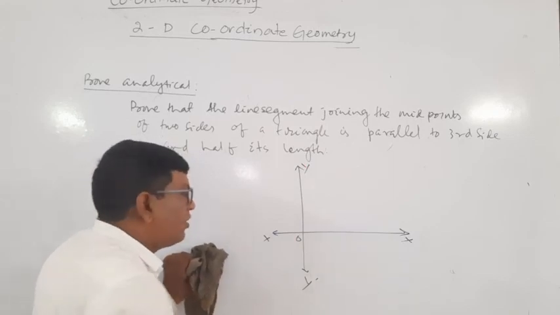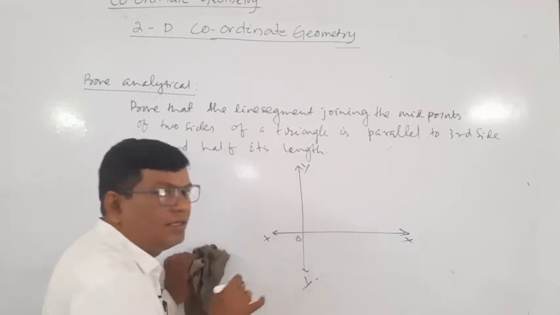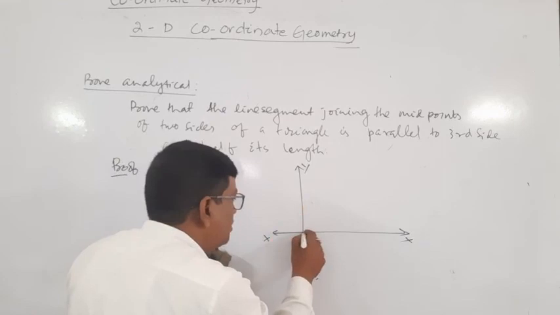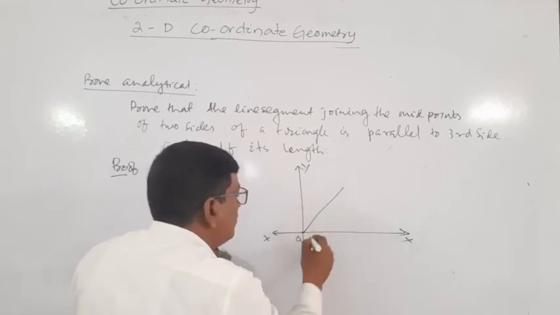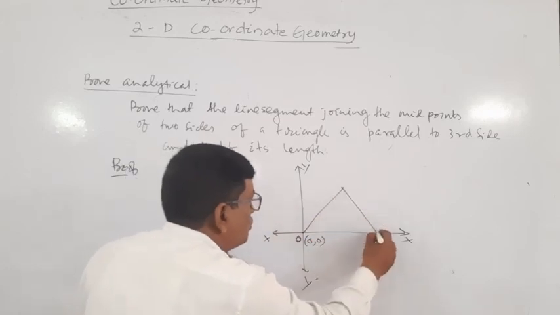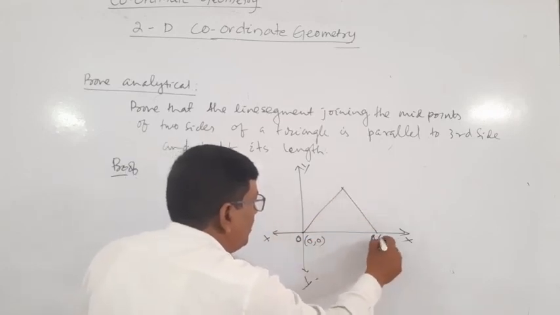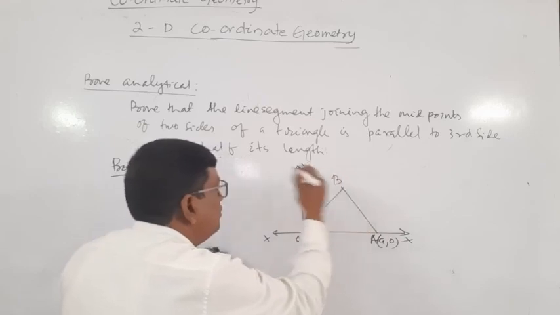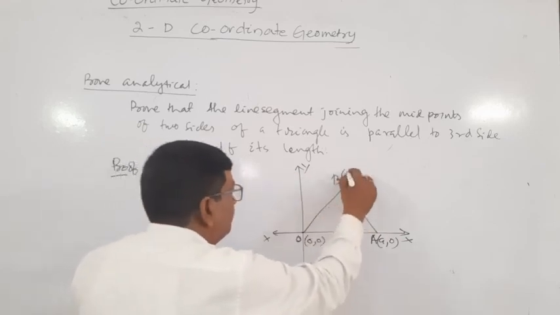Consider one of the vertices at the origin and one of the sides along the x axis. So suppose this is the origin, one vertex (0, 0), and this is vertex A (a, 0), and this is vertex B (b, c).